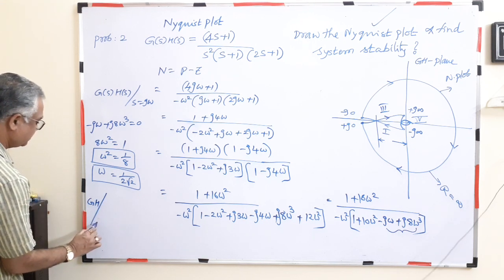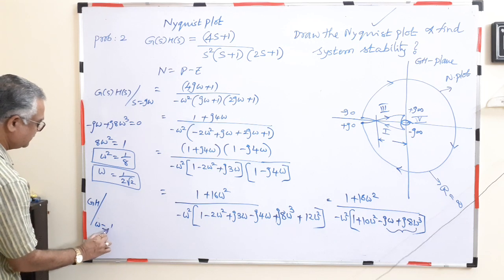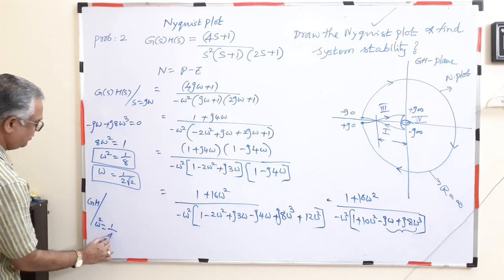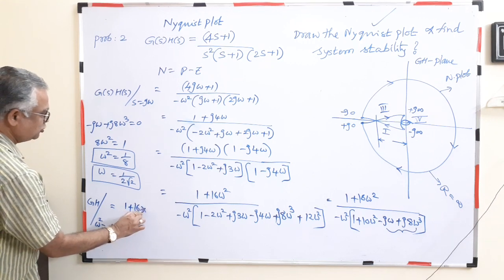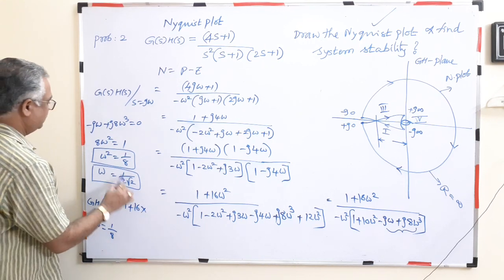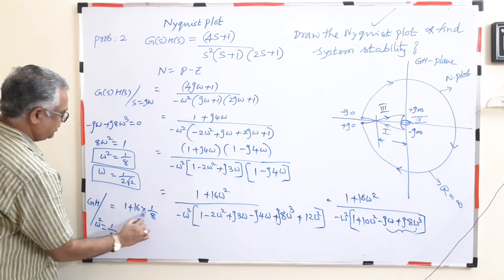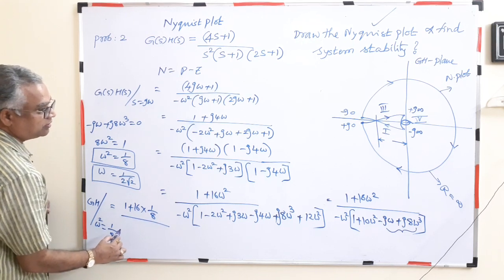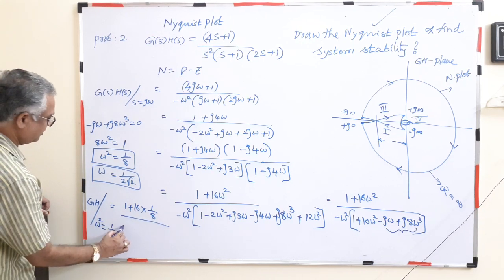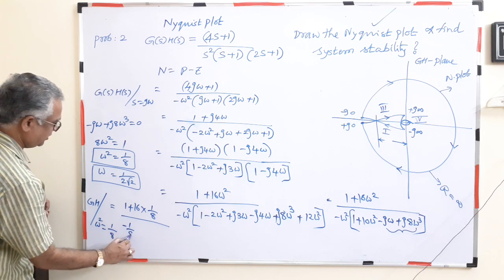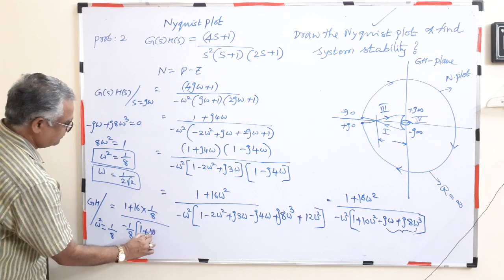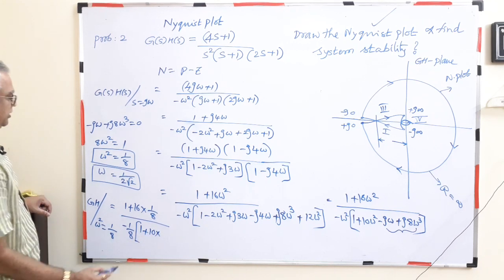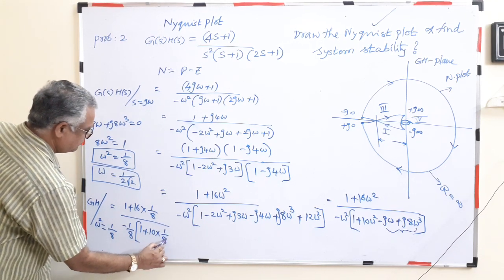At omega square equal to 8, that is 1 plus 16 into omega square, 1 by 8, by minus omega square, so minus 1 by 8, then 1 plus 10 omega square is 1 by 8.